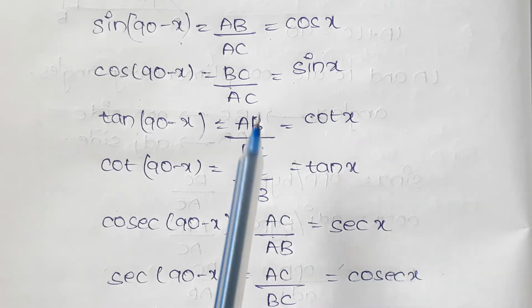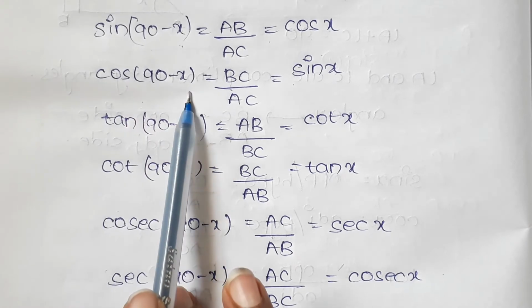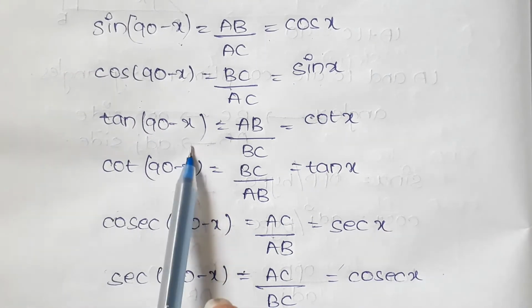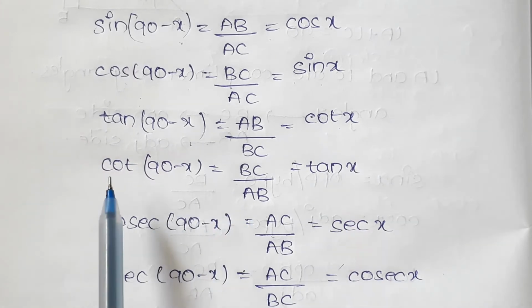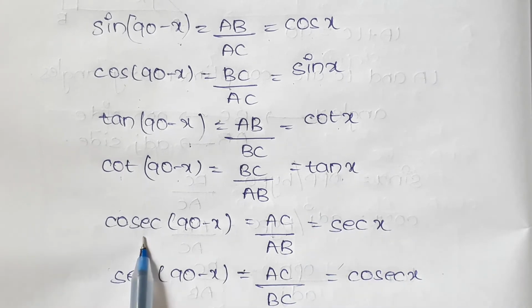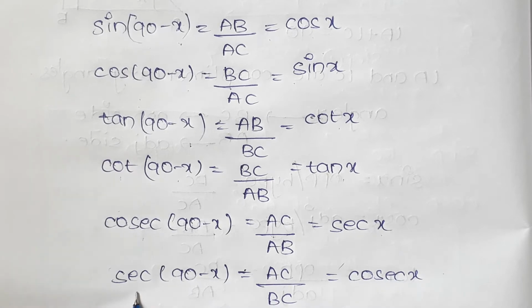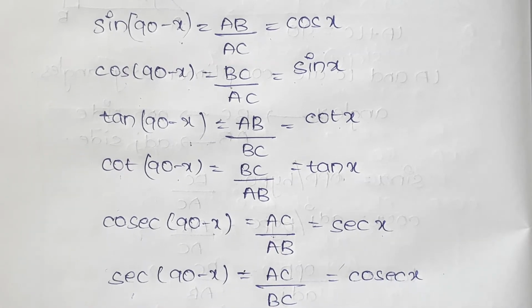So sin 90 minus x is equal to cos x, cos 90 minus x is sin x, tan 90 minus x is cot x, and cot 90 minus x is equal to tan x, cosecant 90 minus x is equal to secant x, secant 90 minus x is cosecant x, and these are the important formulas used in the chapter. We should understand them. And now let us see some examples based on this introduction part.